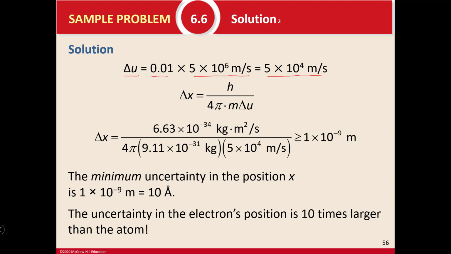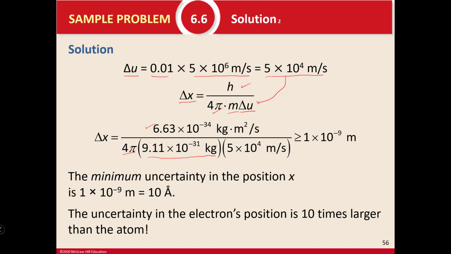All right, so if we take Heisenberg's equation and we solve for position, the variation in position of the electron in relation to the nucleus, we have h, Planck's constant, divided by 4 pi, divided by the mass times the variation in velocity, which we just calculated. That goes right there. So we plug this in: Planck's constant divided by 4 pi divided by the mass in kilograms.